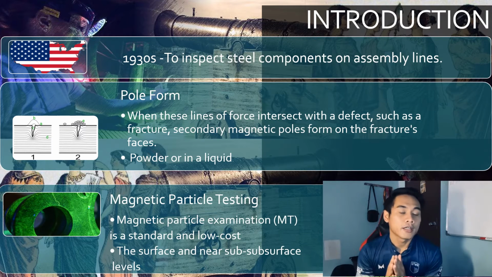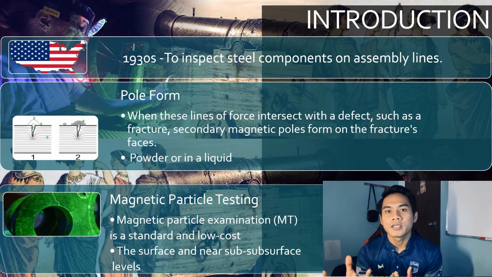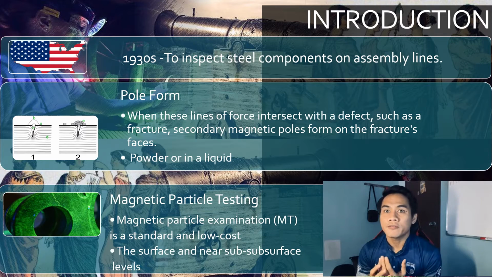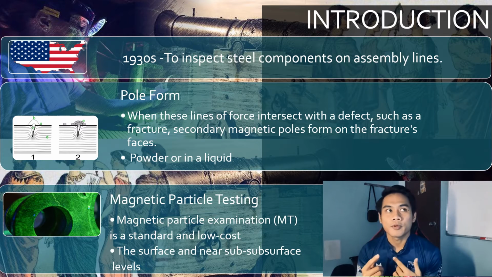Magnetic particles, either a powder or in a liquid solution, can be used to disclose where these secondary magnetic fields emerge on the material surface. The particles are drawn to the flux leakage and form a group around it, making the problem evident. The particles might be black or fluorescent dyed to make them more visible.